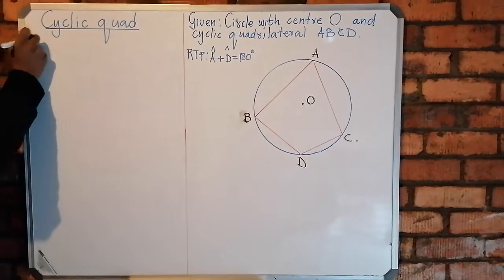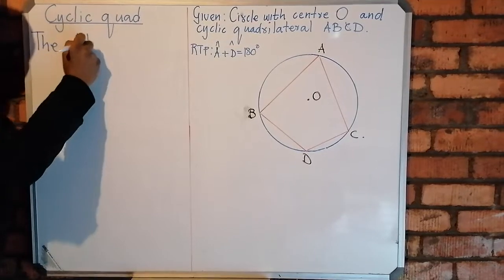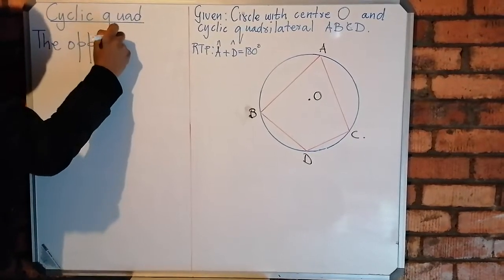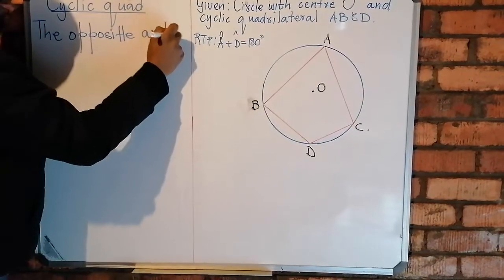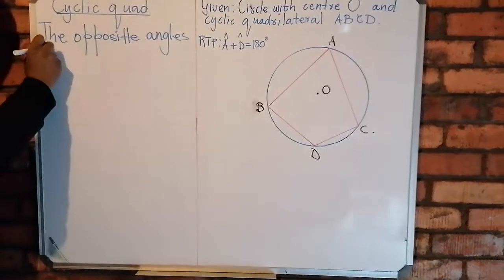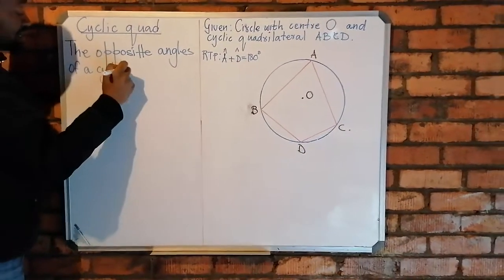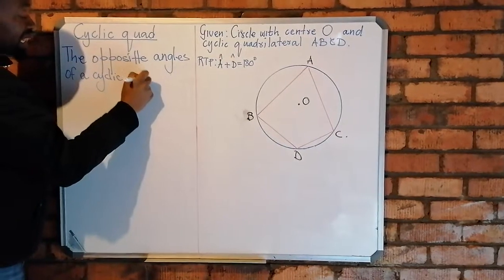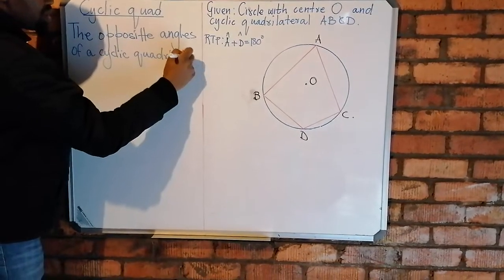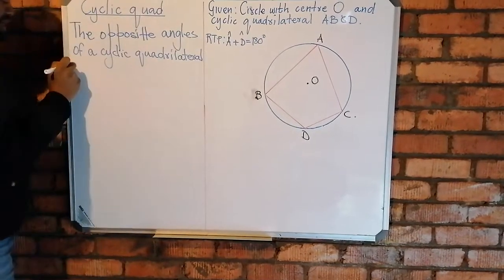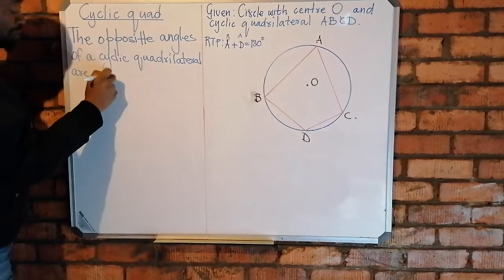The theorem states that the opposite angles of a cyclic quadrilateral are supplementary.